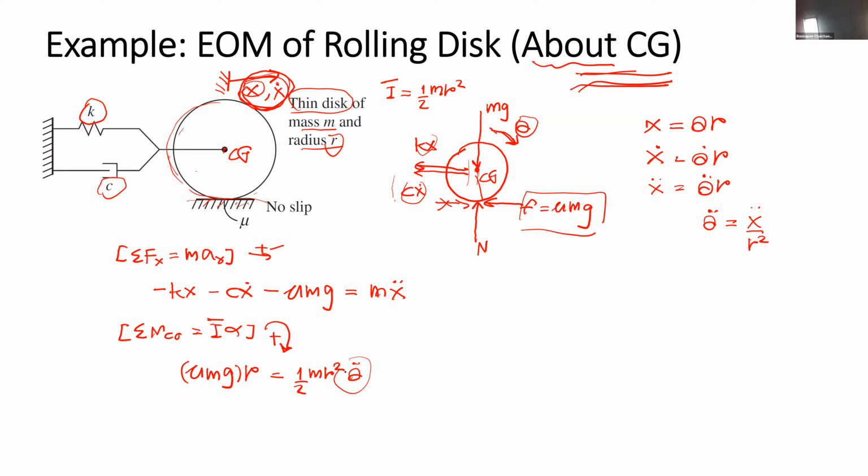So we can write this into mu mg r equal to 1/2 m r squared and x double dot divided by r squared. And the mu mg will equal to 1/2 r of m x double dot.